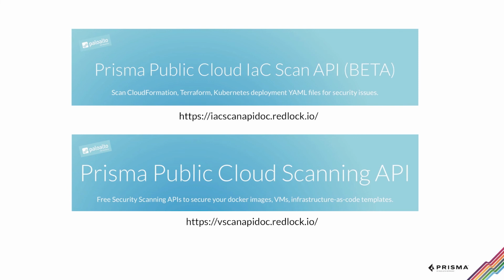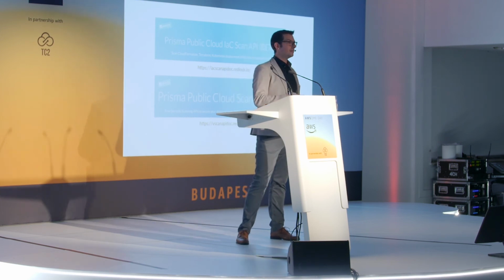If you are starting, we have two things which are pretty cool and publicly available at no cost at the moment. We are in a test of an IaC scanner. This IaC scanner is used for scanning your configurations, things you want to deploy to the cloud. You can check them against our API, which is very well documented under this link. So you can start right away, integrate it into your CI/CD process to double check what you're running in your environment.